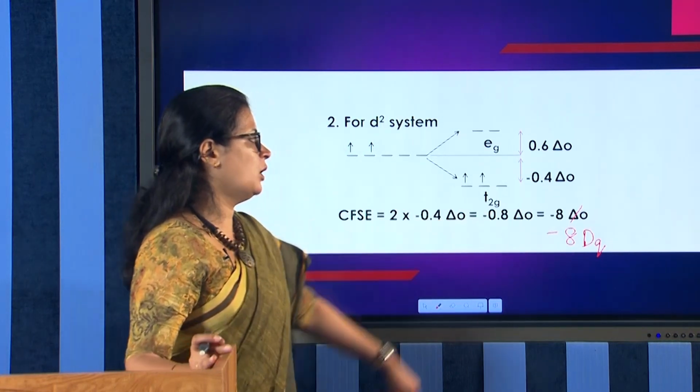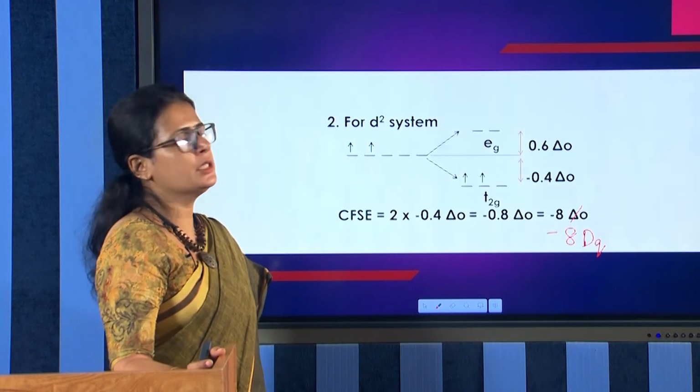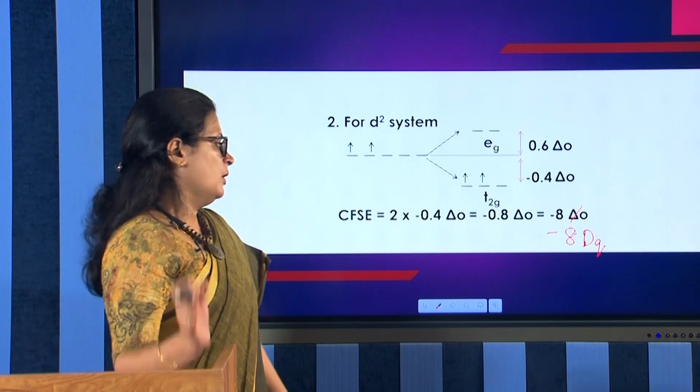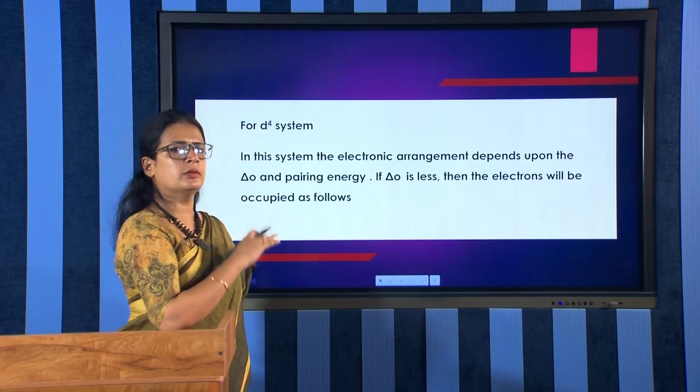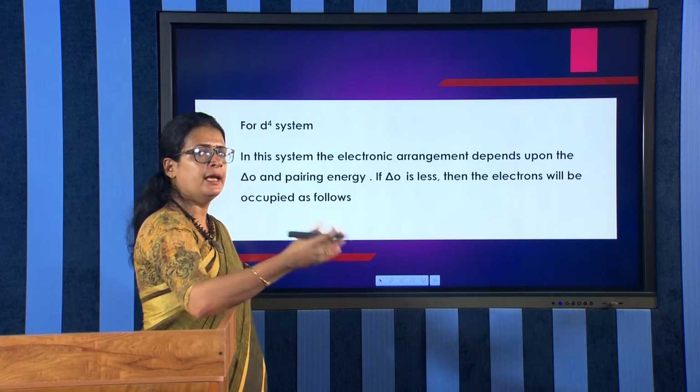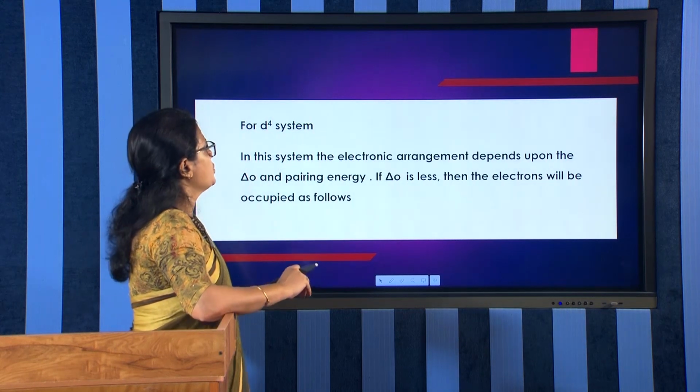In terms of delta O, it is minus 0.8 delta O. And next, this is the case of the D3 system also, the same case, you have to just multiply it with 3. And now moving to the D4 system.